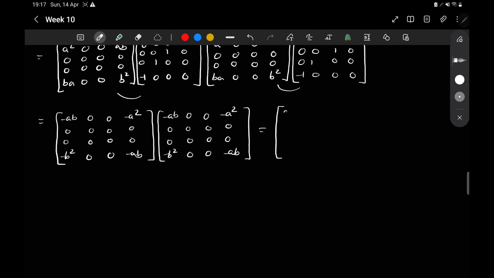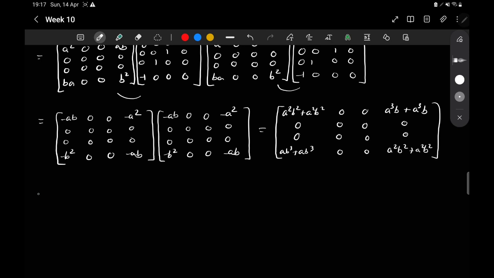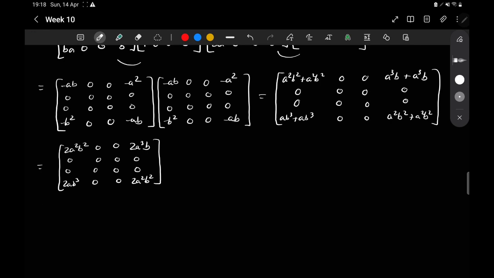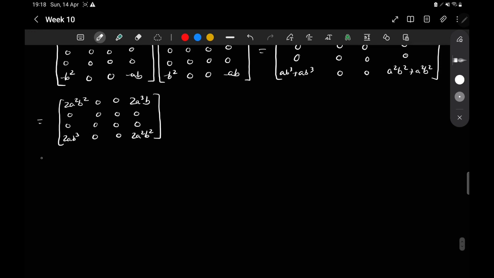Now we'll multiply this. So that's the matrix that we want, and we need to find out the eigenvalues of this matrix.